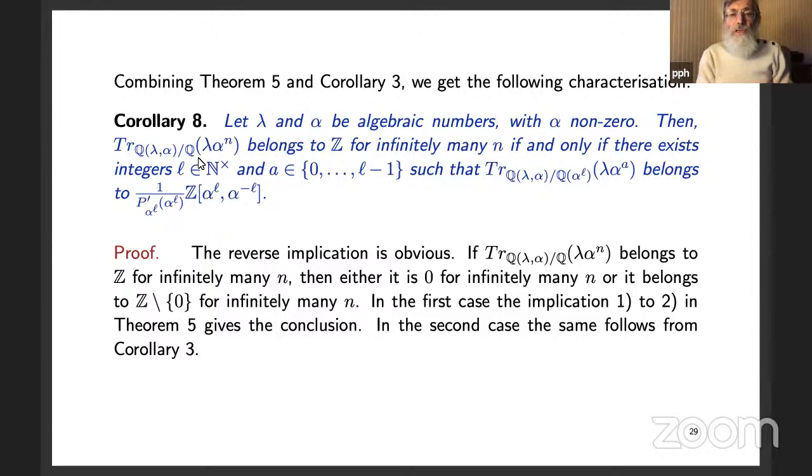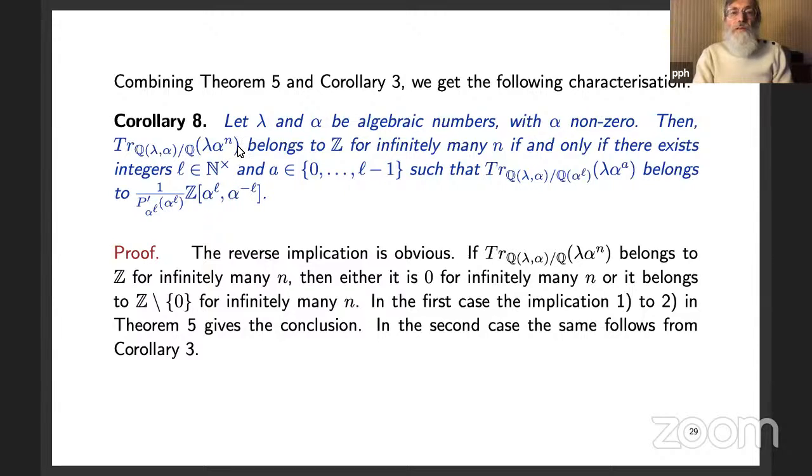Either there are infinitely many zeros, or there are infinitely many n such that it is a non-zero integer. For the case it's zero, we use theorem 5, the equivalence between 1 and 2. And in the case of infinitely many non-zero integer traces, we use corollary 3.